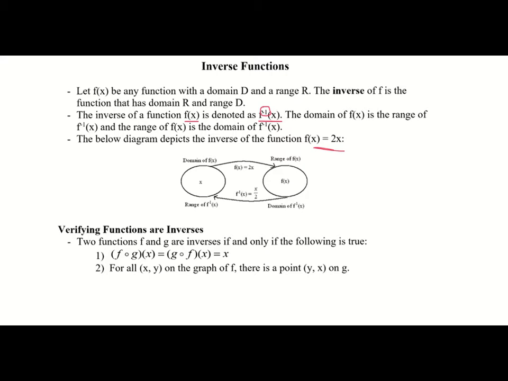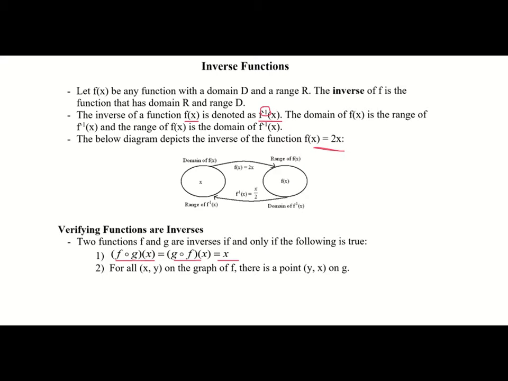So to verify functions are inverses, we did that earlier with our composite functions. If we have two functions and we don't have the graphs to look at or ordered pairs, we are going to do the composition of each. If f composed with g of x and g composed with f of x both simplify down to x, the two functions are inverses.